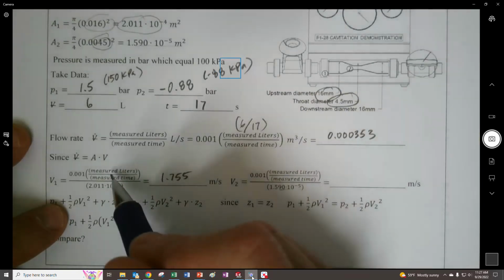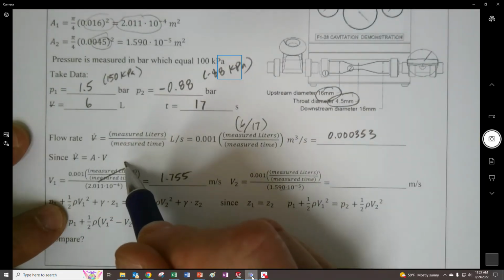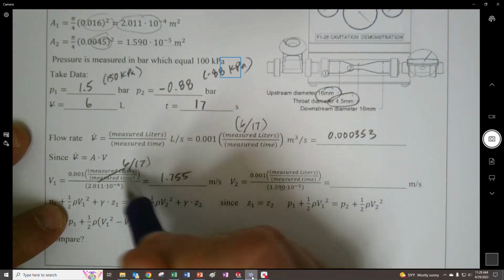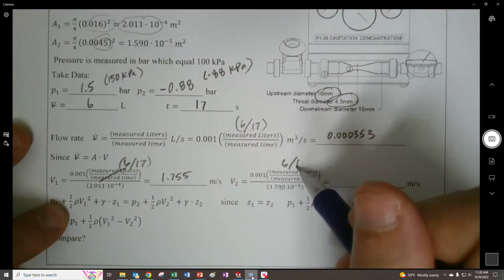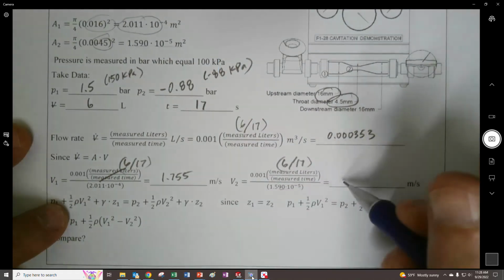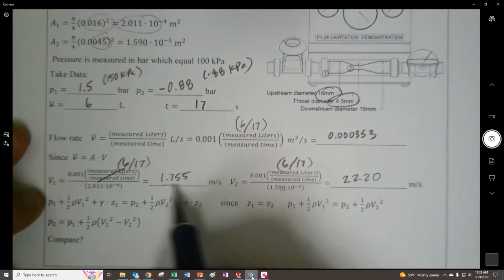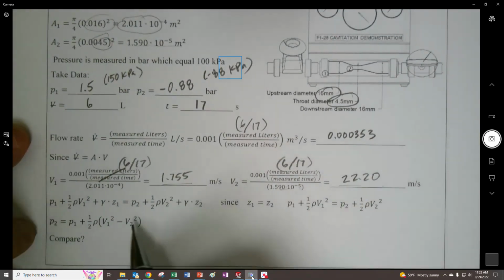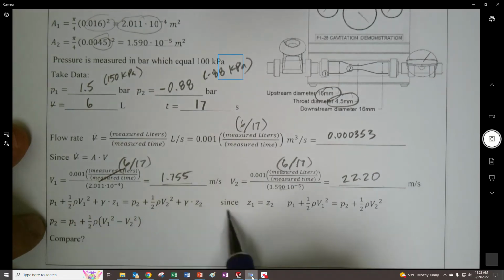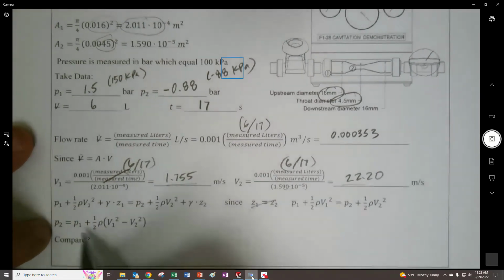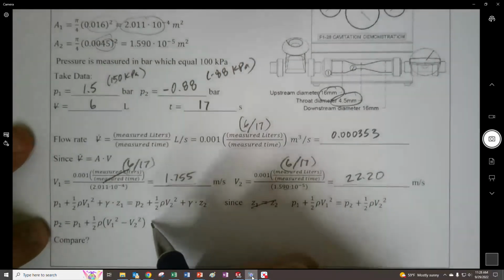I'm multiplying this by 6/17, and this by 6/17. And then I end up with 22.20. So I'm going from this speed to that speed. And then using Bernoulli, knowing that the Z's cancel out right here, I can predict what my pressure at 2 is going to be from this.